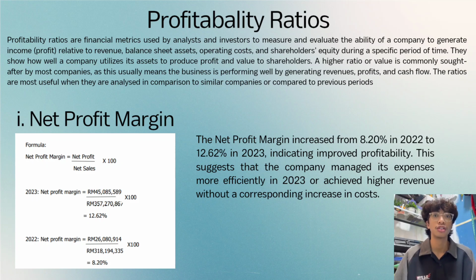I will explain to you about profitability ratios. Profitability ratios are financial metrics used by analysts and investors to measure and evaluate the ability of a company to generate income relative to revenue, balance sheet assets, operating costs, and shareholder equity during a specific period of time. They show how well a company utilizes its assets to produce profit and value to shareholders.